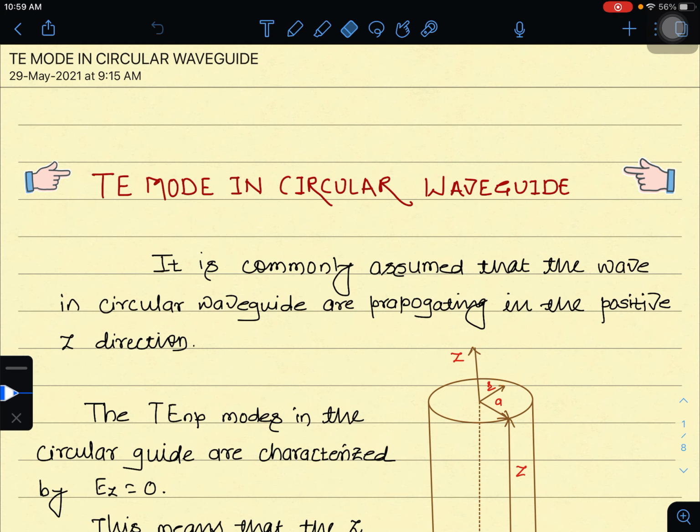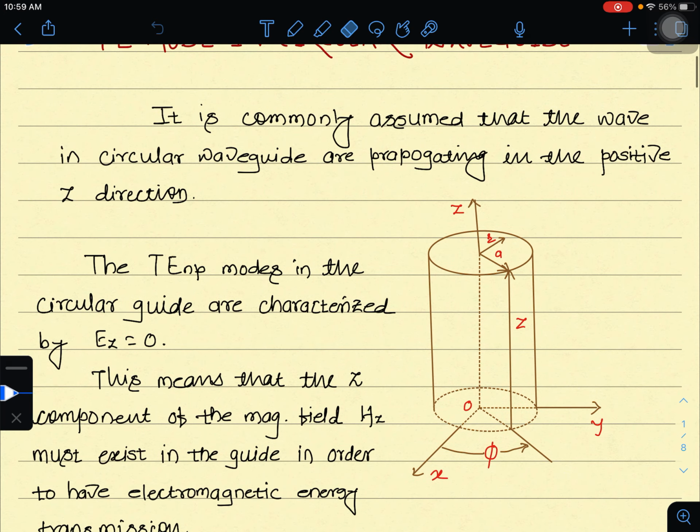Now let us start the lecture. In the previous lecture we saw this diagram, which is called the coordinates of a circular waveguide diagram.